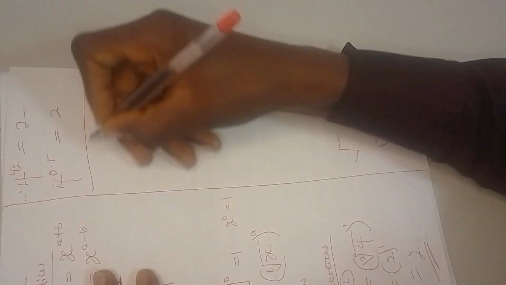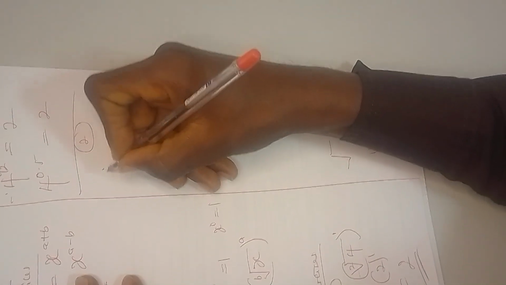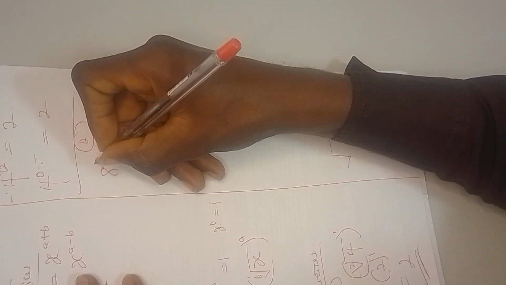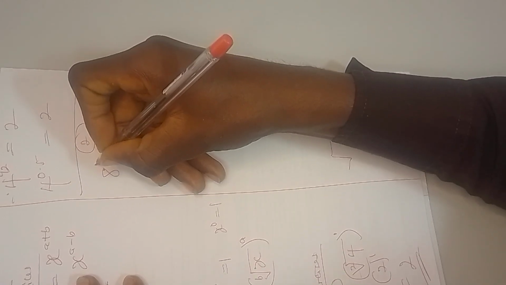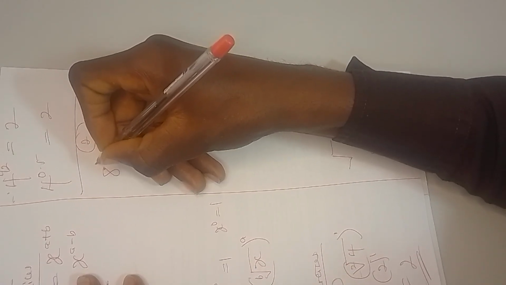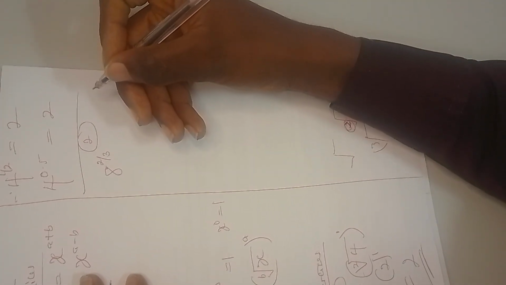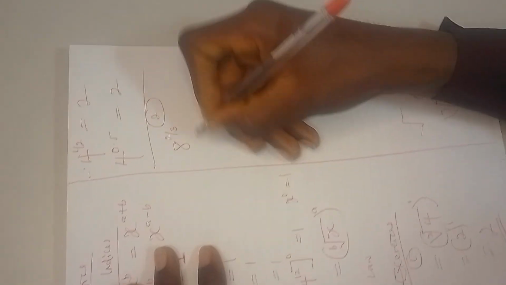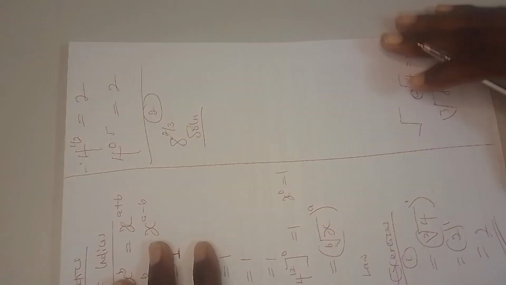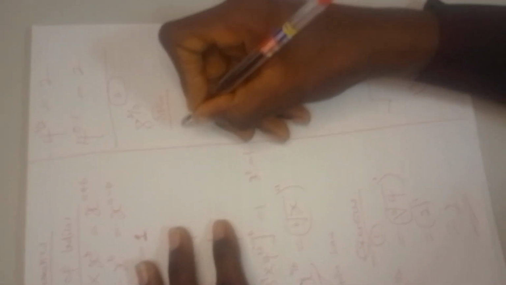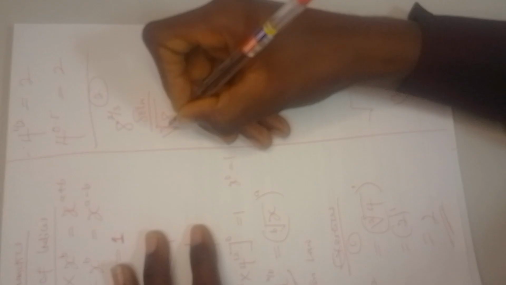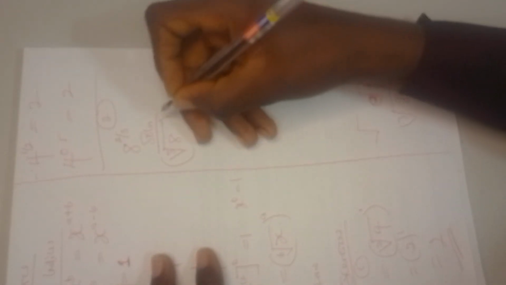Now, look at another example. Suppose you have 8 raised to the power of 2 over 3. What would this be? Solution: this will be the third root of 8, in brackets, with power 2 outside.